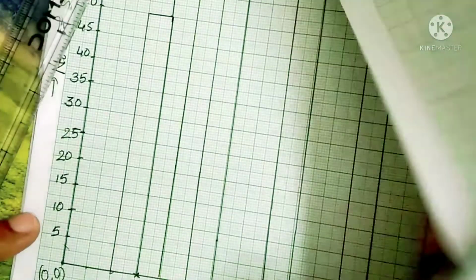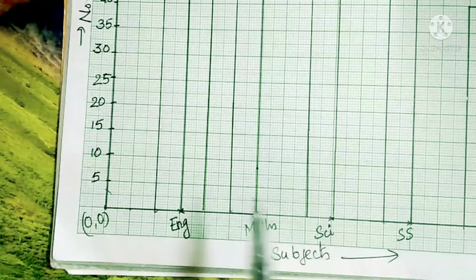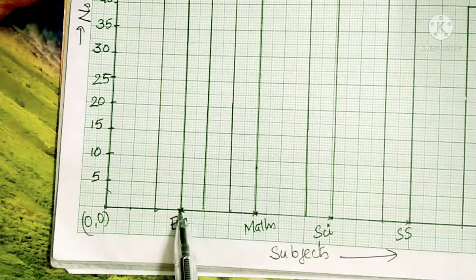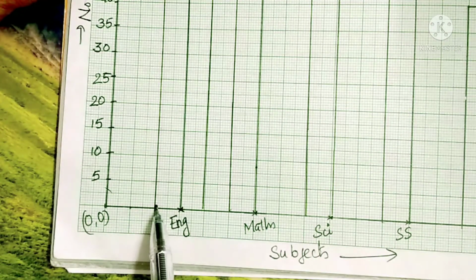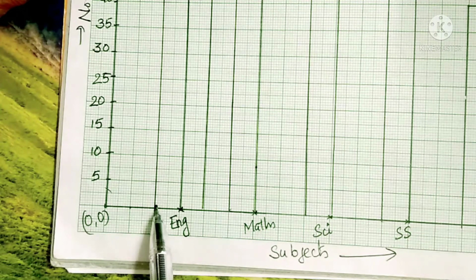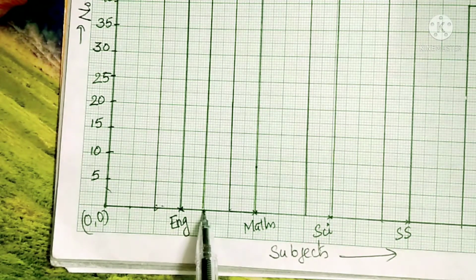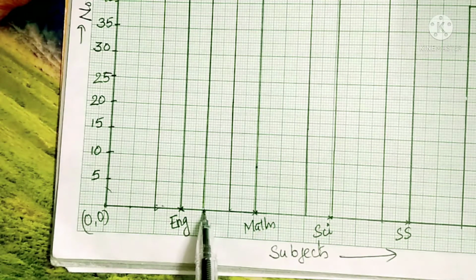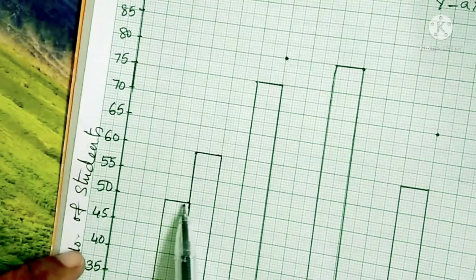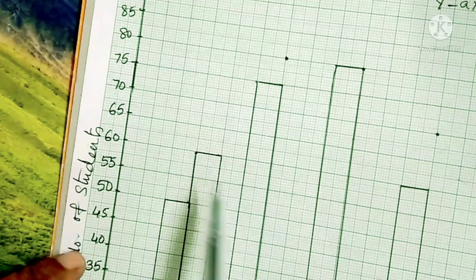Now if you see here, this is the point for English. So we have on the left side the bar for 2019 and on the right side for 2020. So 2 bars, the difference you can also see here, it has increased.